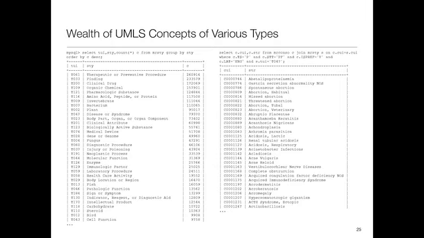Here are the UMLS semantic types. So you see that the most common semantic type is T061, which stands for therapeutic or preventive procedure, and there are 260,000 of those concepts in the metathesaurus.